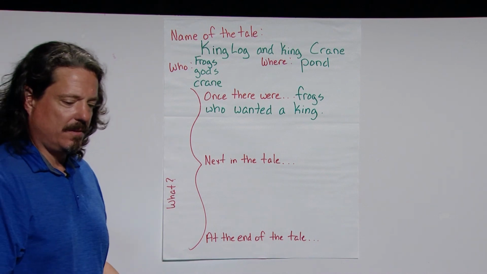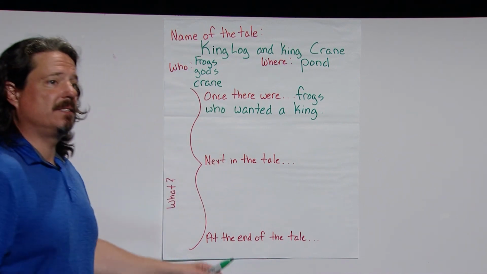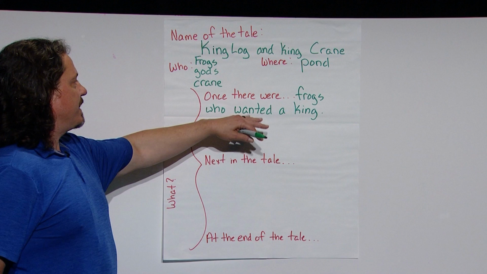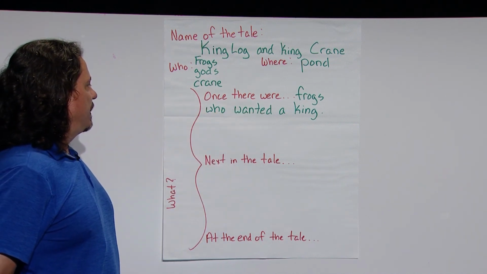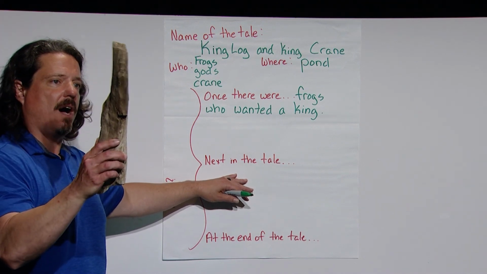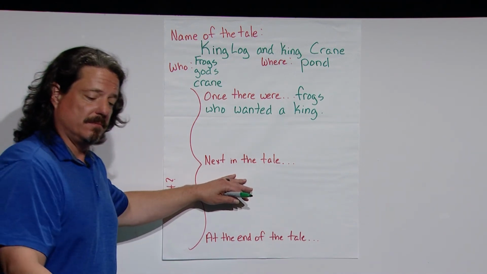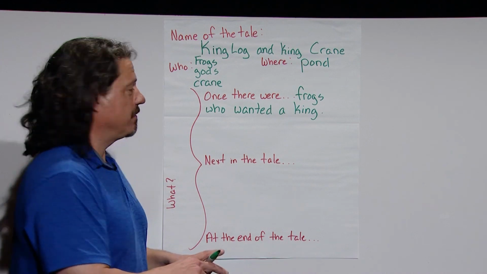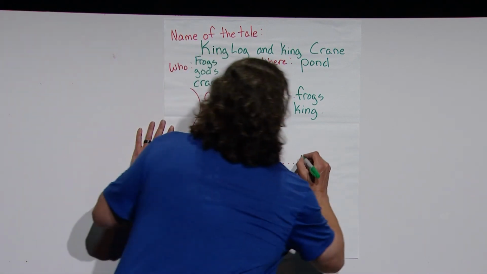So, next in the tale, the frogs asked the gods for the king, right? And what did the gods send them? They sent them the log, because they were going to play a joke on them. And that is kind of funny. So next in the tale, the gods sent a log.